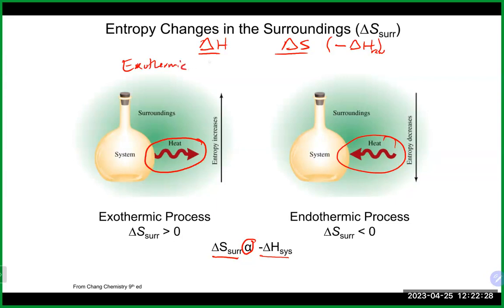Our delta H value should be negative, yes, which means a negative and a negative will turn our delta S into a positive for the surroundings. If our reaction is endothermic, our delta H should be positive, which means a negative and a positive will turn our delta S of the surroundings into a negative number. So it is basically opposite of our value for exothermic and endothermic in terms of the sign.